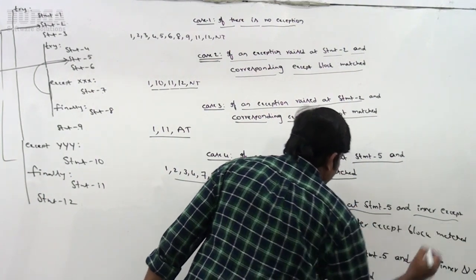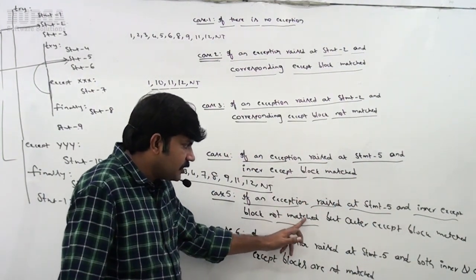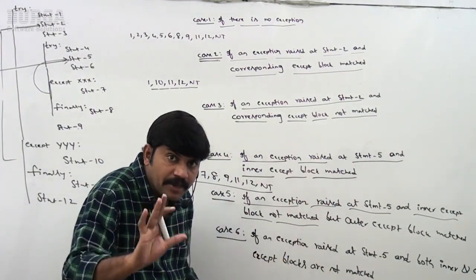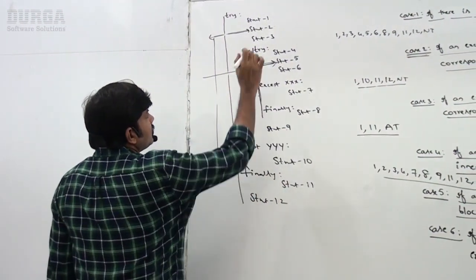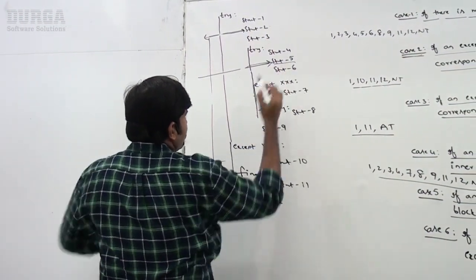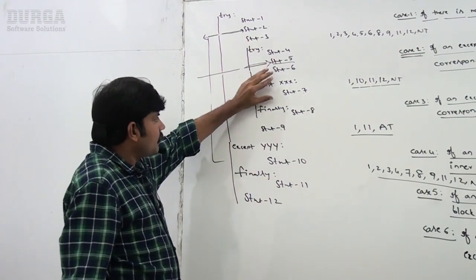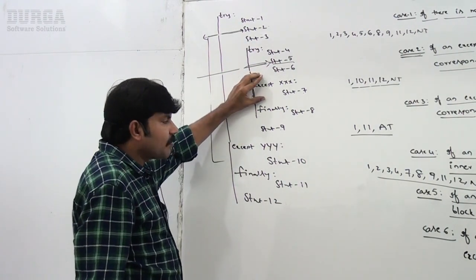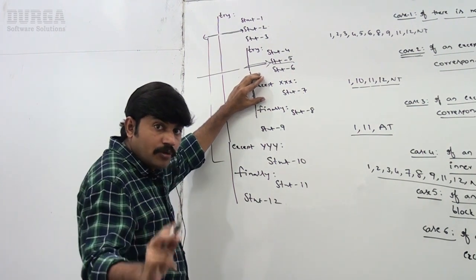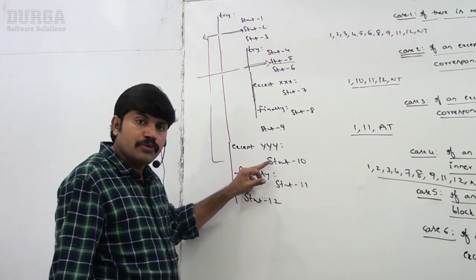Observe very carefully, sir. What is the flow? Now observe very, very carefully. An exception got raised at statement 5. The inner except block is not matched, but the outer except block matched. So if the inner except block is unable to handle it, don't worry, the outer except block is going to take care.